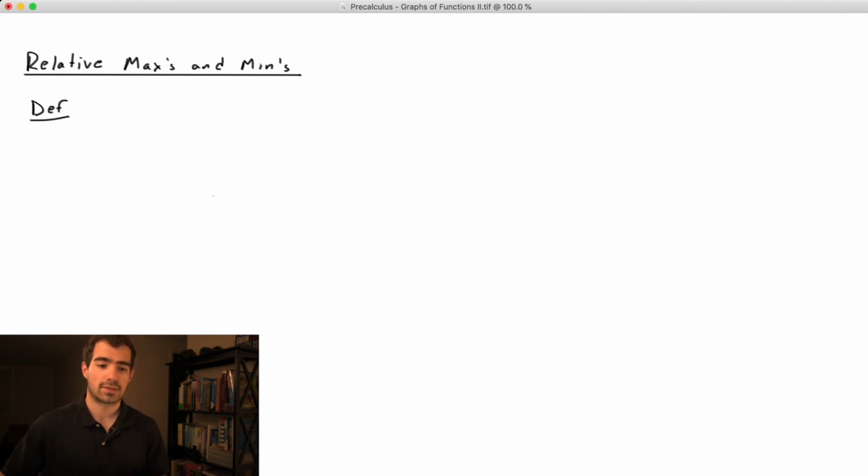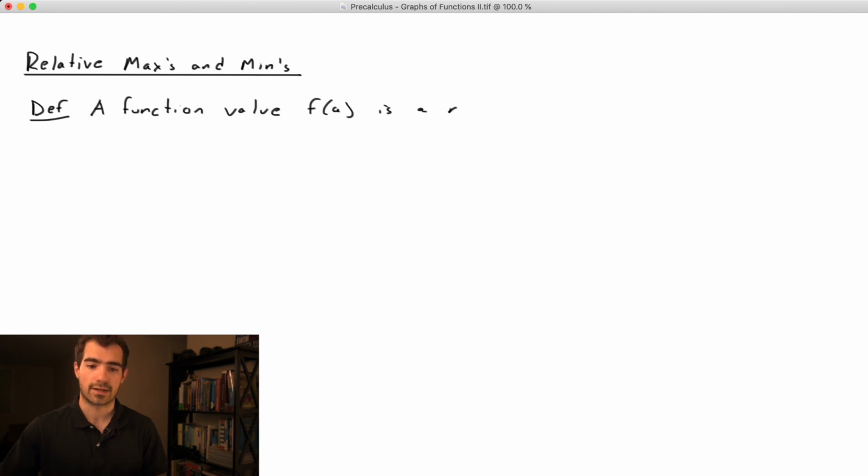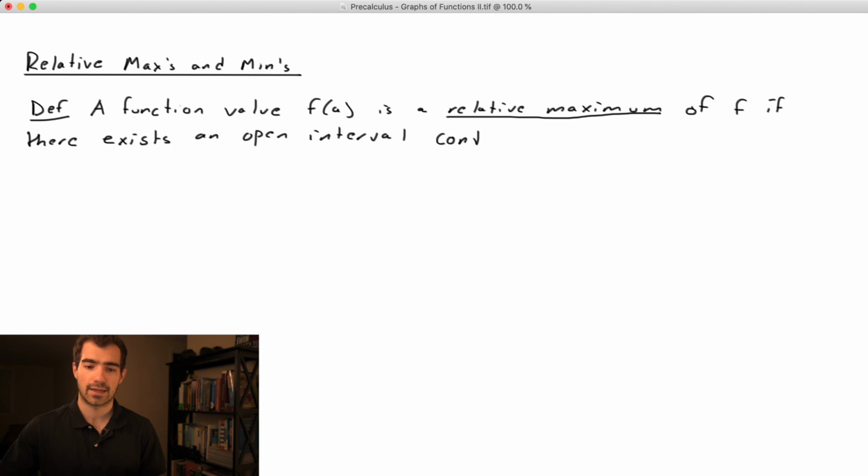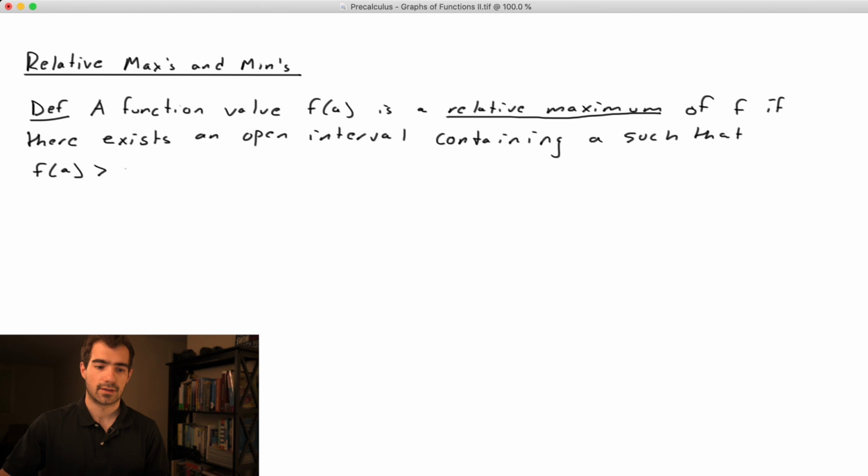And so formally what we'll say is that a function value, f of a, is a relative maximum of our function f if there exists an open interval containing a such that f of a is greater than f of x for all of those values x in that same interval other than the value a itself.